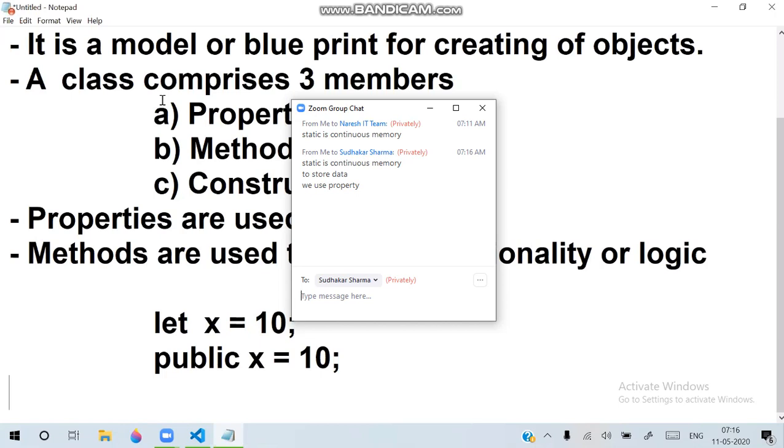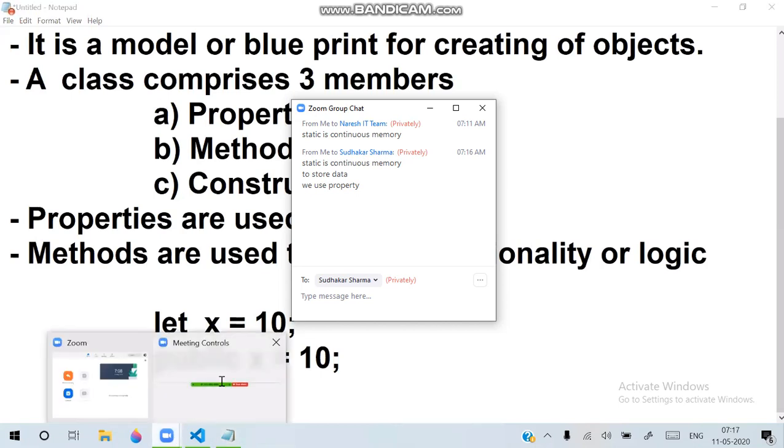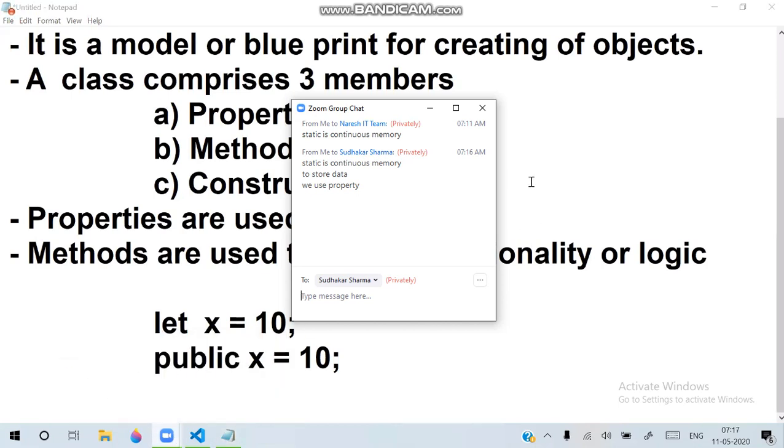So, to store data, we use a property, okay? Variable also, local operation.